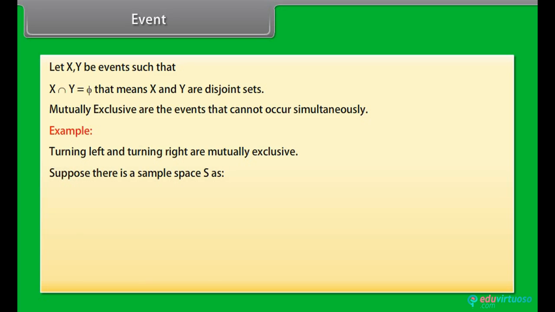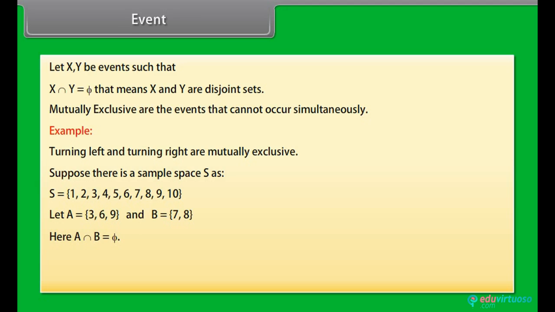Suppose there is a sample space S = {1, 2, 3, 4, 5, 6, 7, 8, 9, 10}. Let A = {3, 6, 9} and B = {7, 8}.